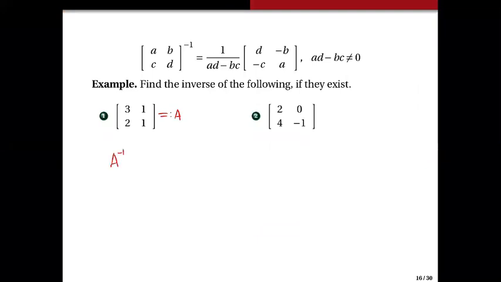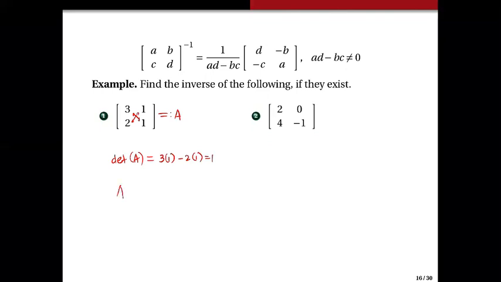So, A inverse, if it exists, let's start with the determinant of A. You have this times this, and then you have that. So, you have 3 times 1 minus 2 times 1. This is equal to 1.